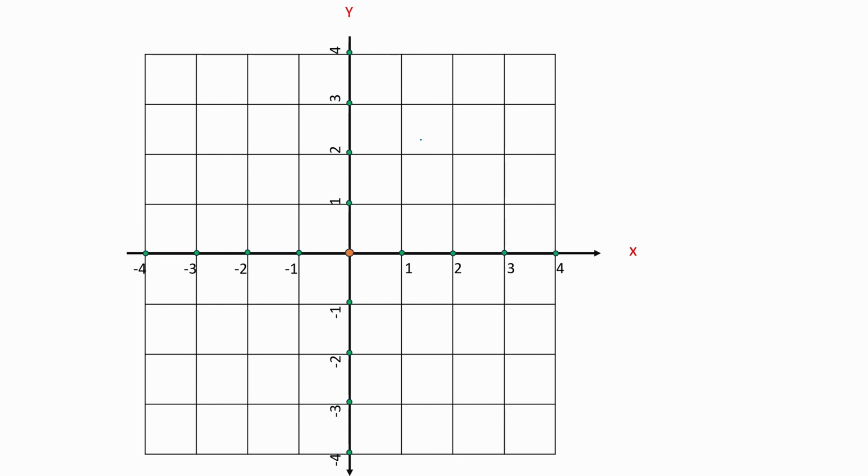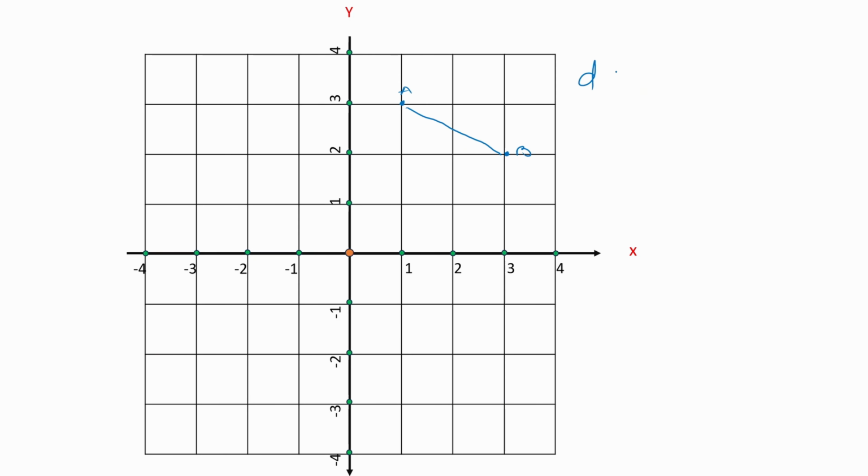Now, if you wanted to find out the distance between any 2 points, say we have 2 points, A and B, then we could use the distance formula, which can be directly derived from the Pythagorean theorem.